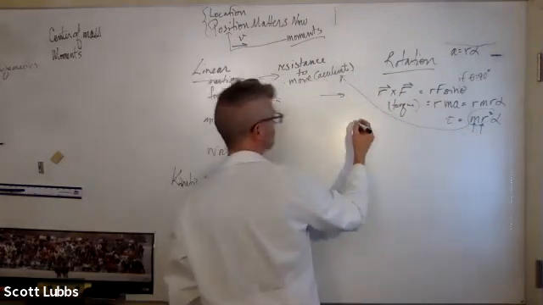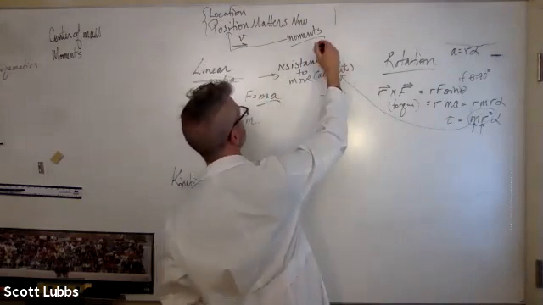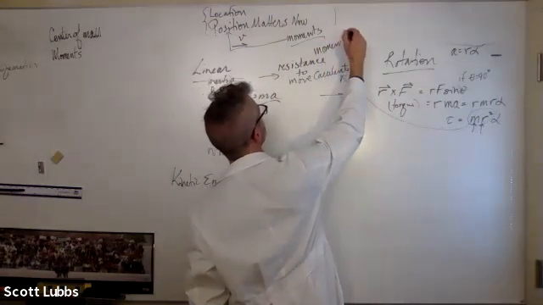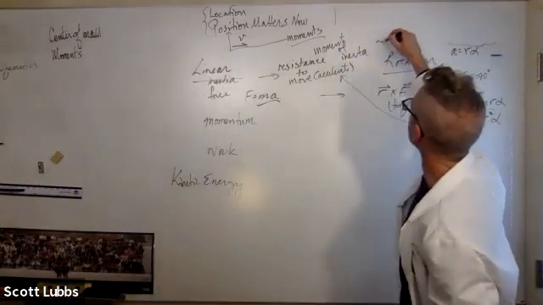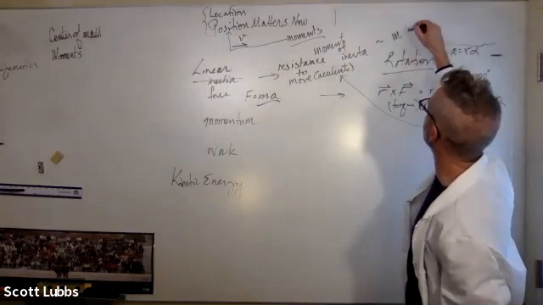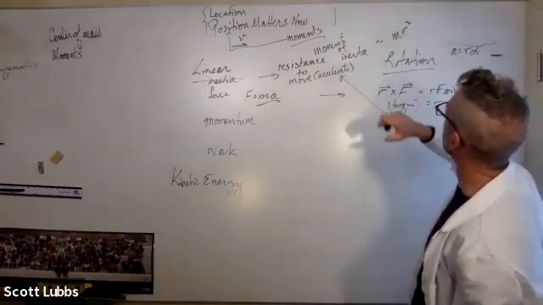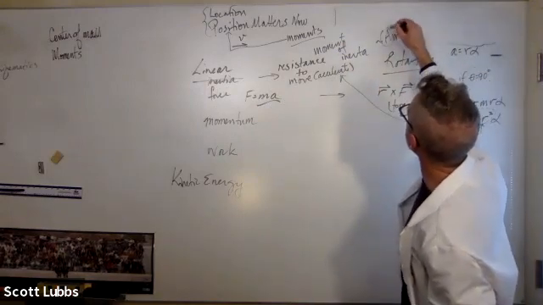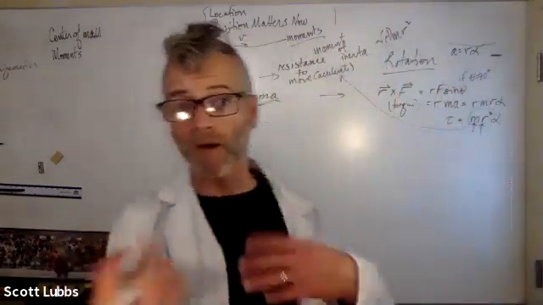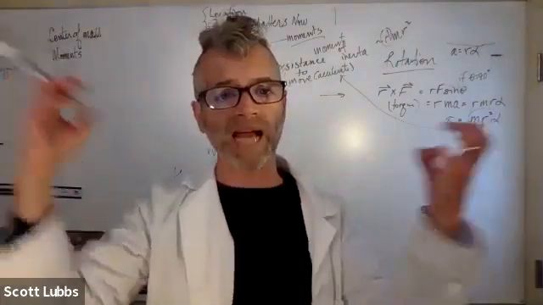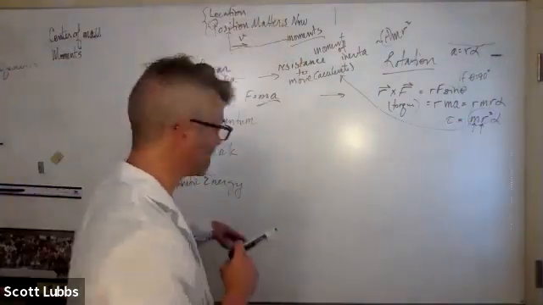I now have this moment of inertia, which is related to how much mass you have and its position squared. There is a constant in the front that will change based on the shape of the object, on how the mass is distributed, just like we did on the bat.